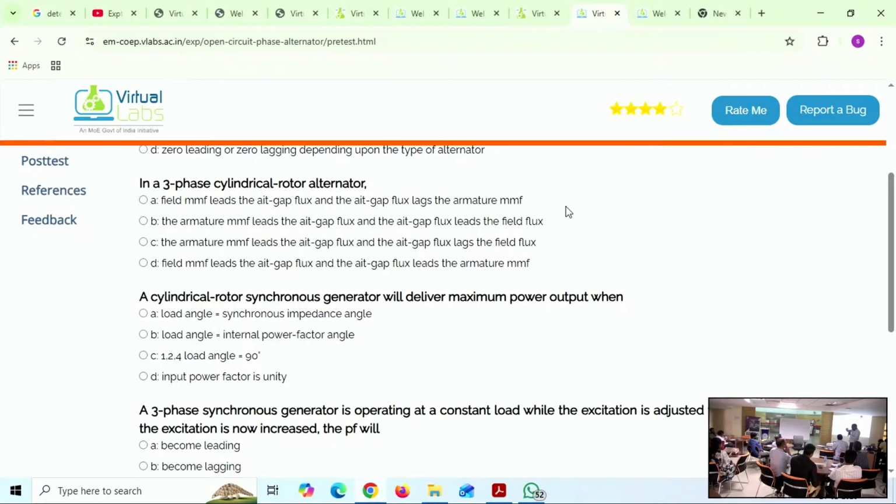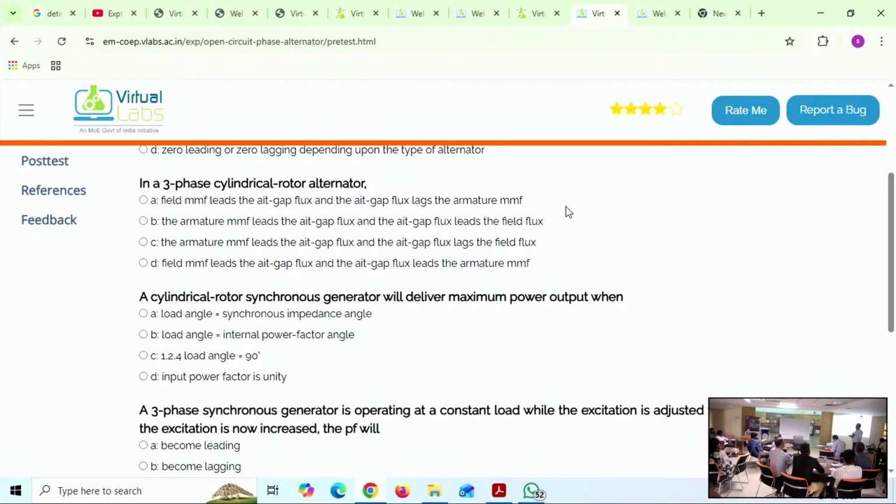Even though load side or any other disturbance happens, that trying to align is what is generally termed as synchronizing. That is why the term synchronous machines.